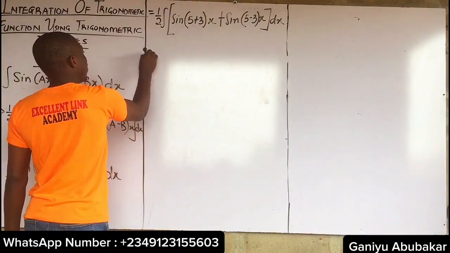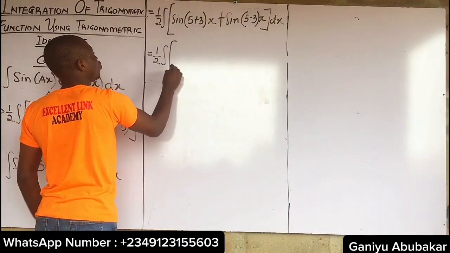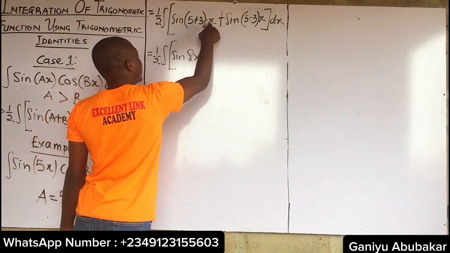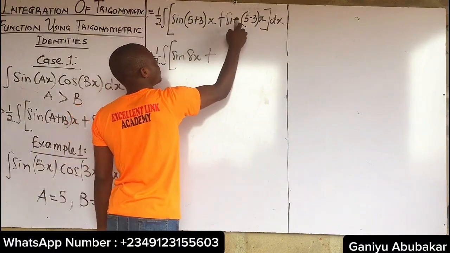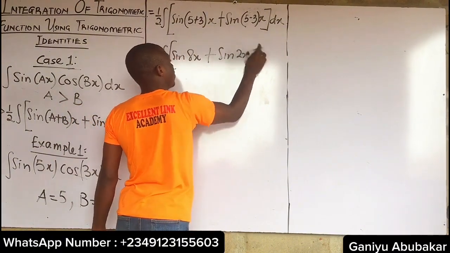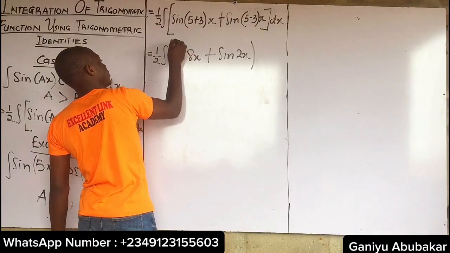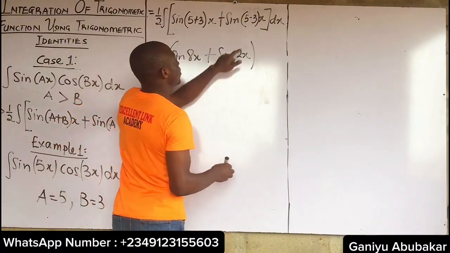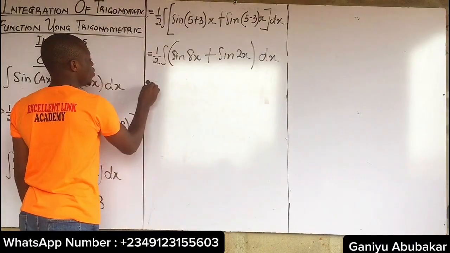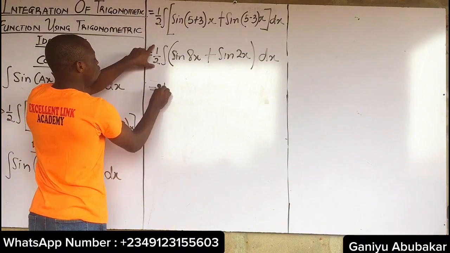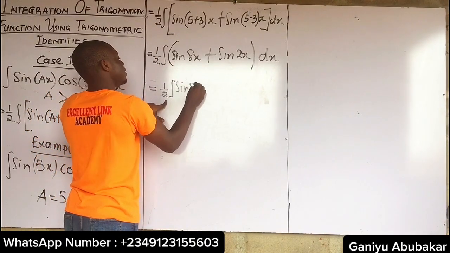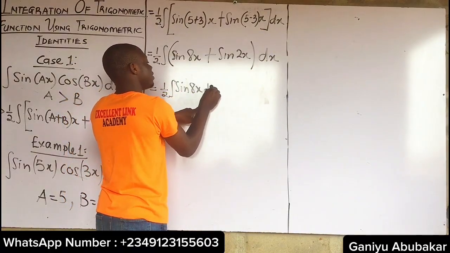What's your next task? I'll have 1/2 integral of sine 8x, since 5 plus 3 is 8, with respect to x, plus sine 2x, since 5 minus 3 is 2, and of course with respect to x. Next, I'll pick out 1/2 and the integral, this 2 multiplied with this one, that's sine 8x, attach the dx, I'm done.